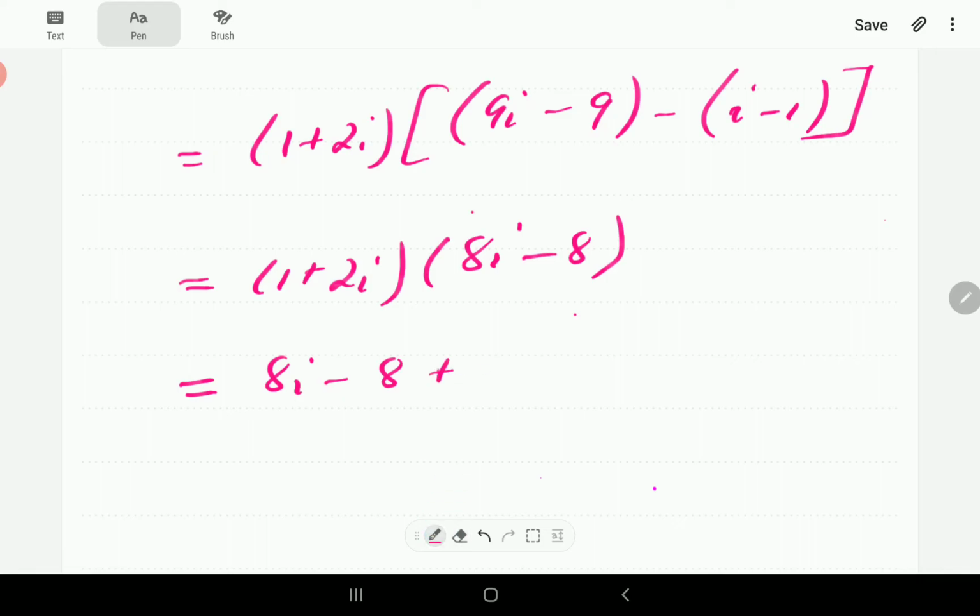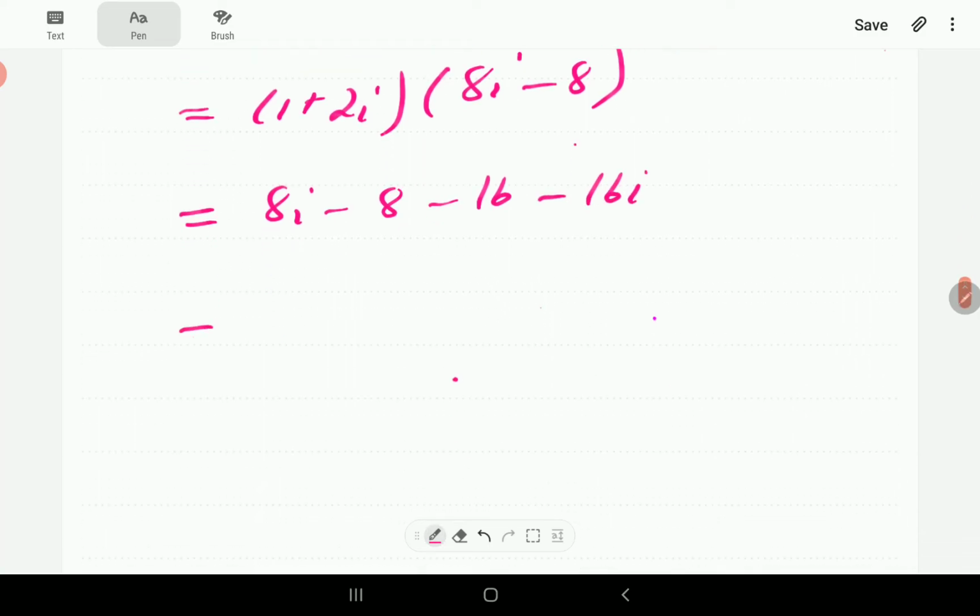Then it's going to be -16, since 2i times 8i is -16. Then minus 16i. So this is going to be minus 8i minus 24. So that's going to be our final answer.